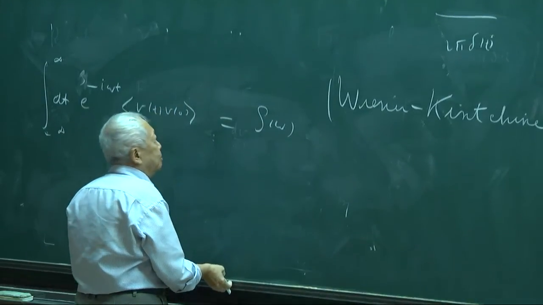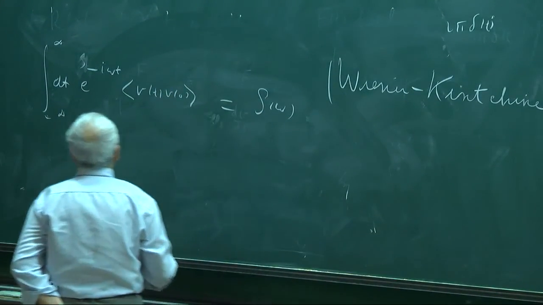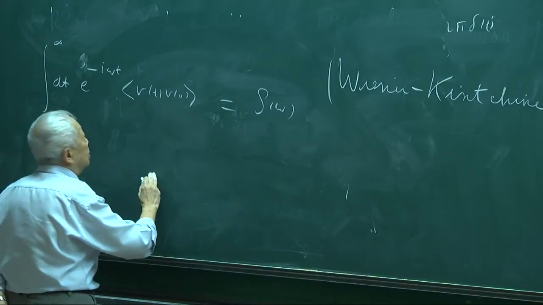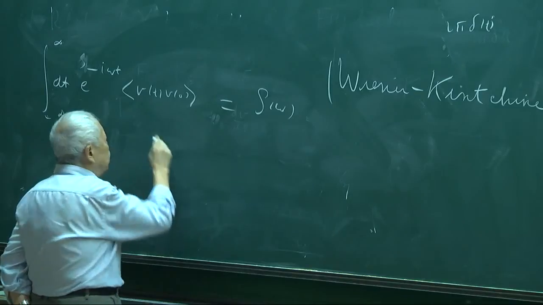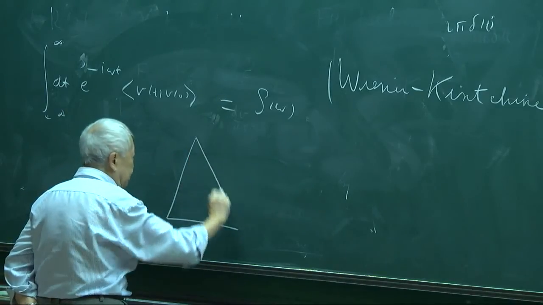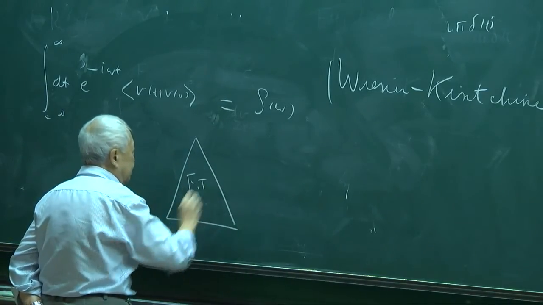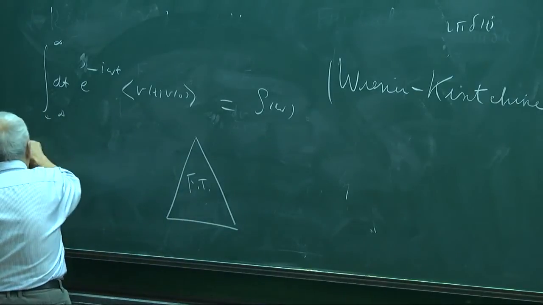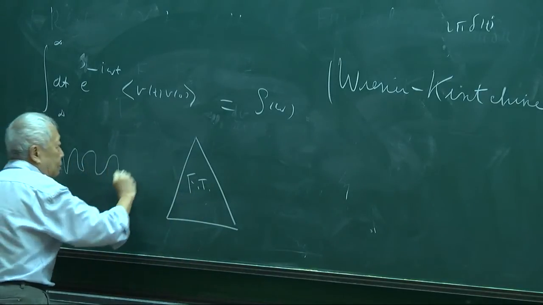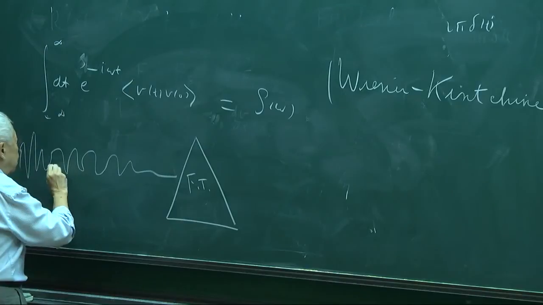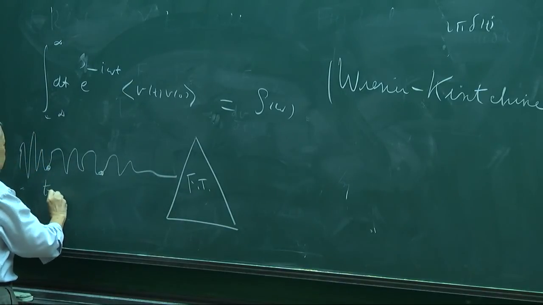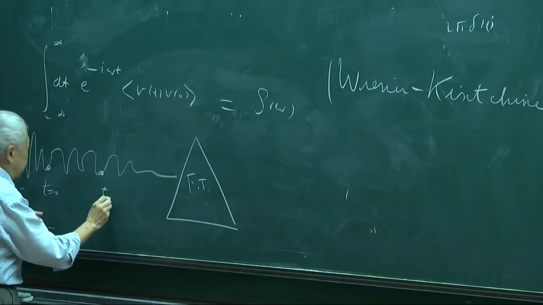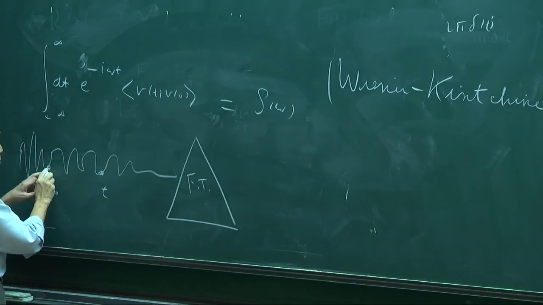What does this say? This says that this is a fluctuation. If you take a Fourier transform, it gives you a power spectrum. And the Fourier transform is this prism. On this side, you have a wave coming in. And this has a correlation at 2 points, this point and this point, at time t equal to 0 and at time t. Because at time t, this point has moved to here.